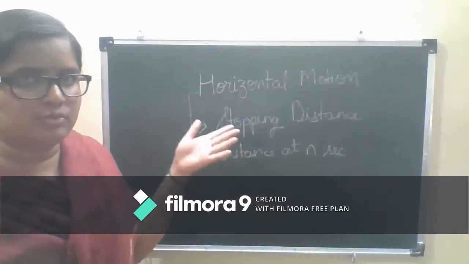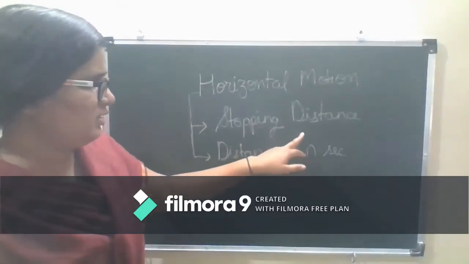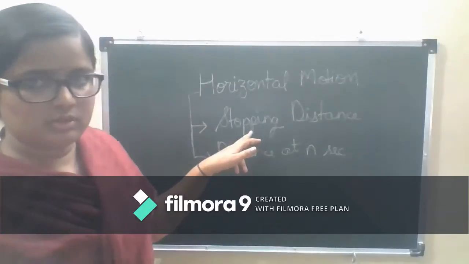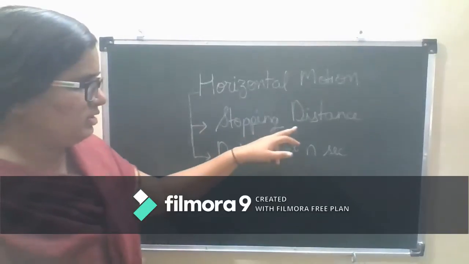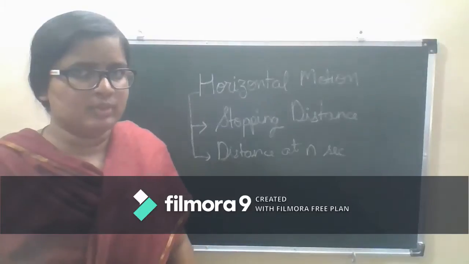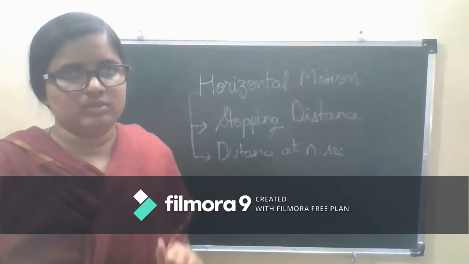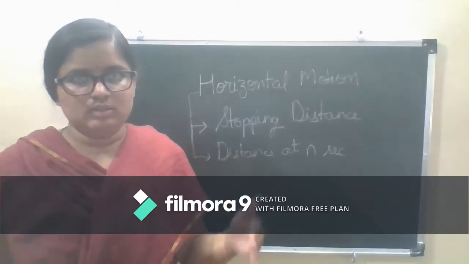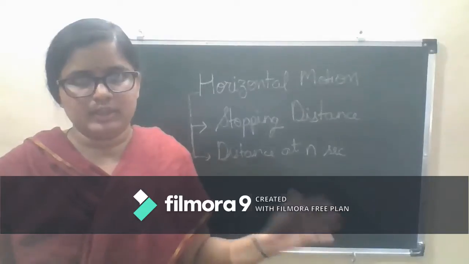For that, the questions in the exam will come from these points: stopping distance and distance at n seconds. Consider understanding the stopping distance. One car is moving very speedily, and if we do not have a brake on the car, the car may be harmed and there will be an accident.